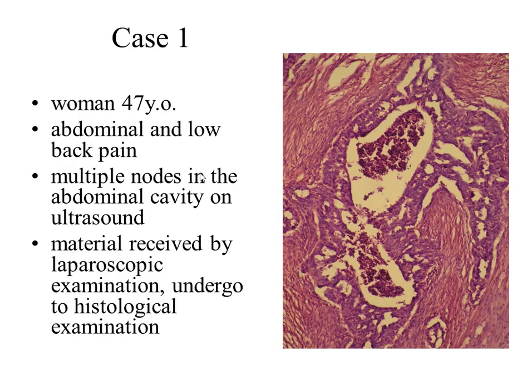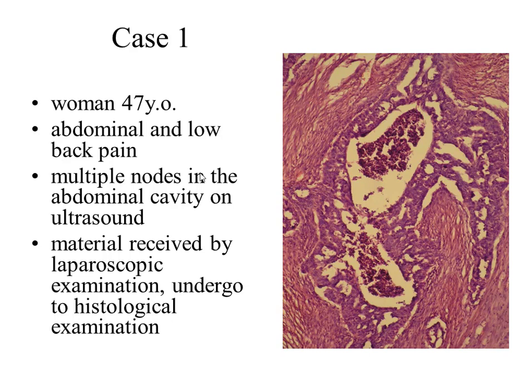Turning to an example. Here you can see the histological view of the metastasis of adenocarcinoma G2 with necrosis in the omentum. What do we have? A woman, 47 years old, with abdominal and low back pain. She visited a lot of doctors and finally went to the ultrasound examination.